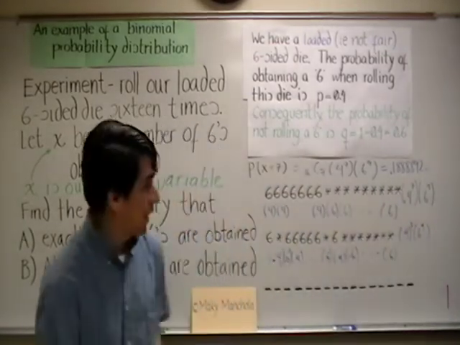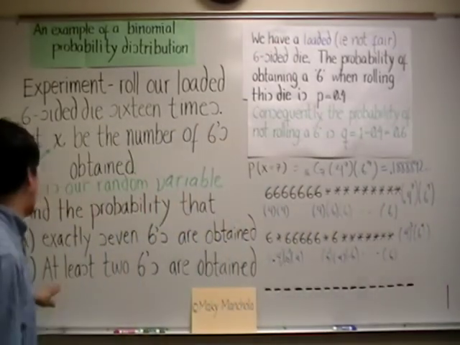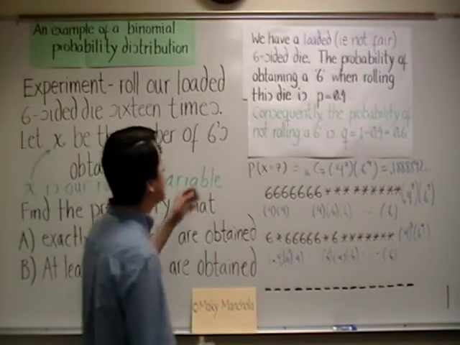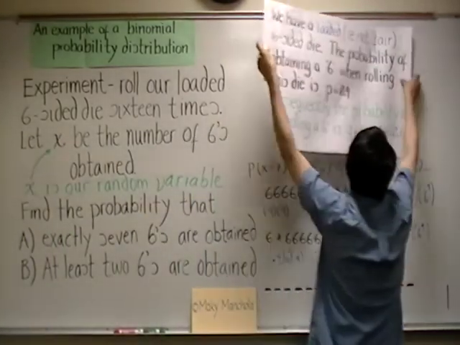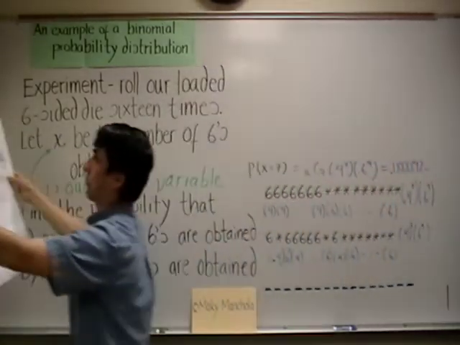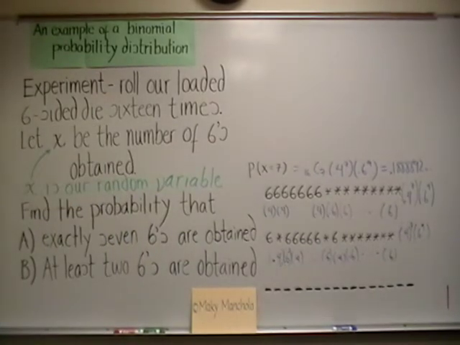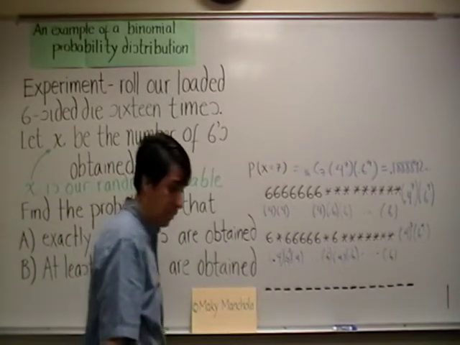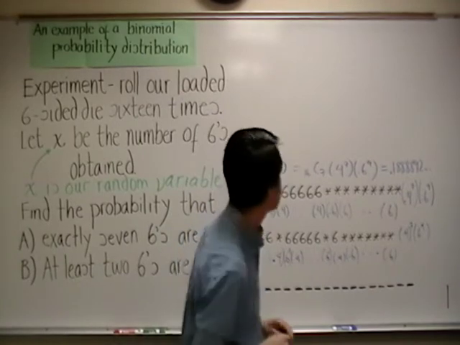All right, let's look at the second example. Example B. What is the probability that at least 2 sixes are obtained? There are several cases to consider.